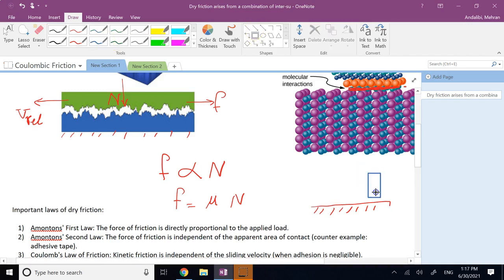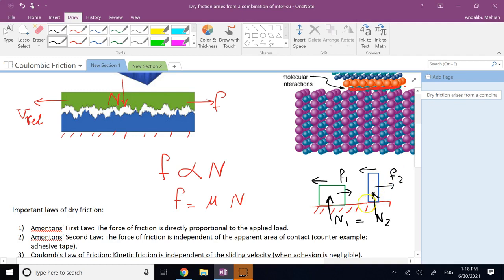So if you move something like this on it, or if you move something like this one, as long as the normal force applied is the same for both cases, so if the normal force from the surface to the object or backwards is N here and the same N here, so if this is N1, this is N2, and they are moving, let's say, to the left, then the friction for both of them is to the right. So this is F1 and this is F2.